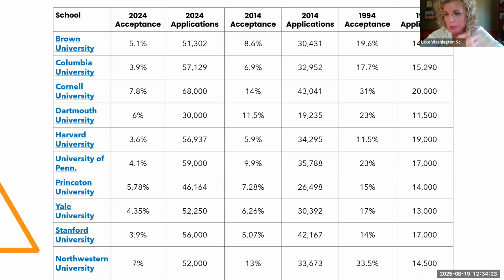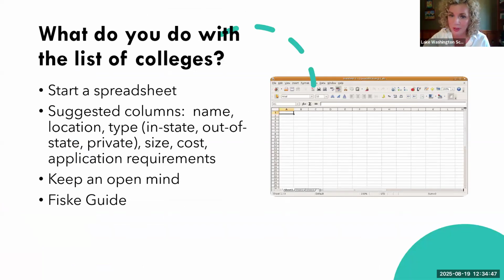Or I was not accepted 31 years ago when I applied to Dartmouth, which had a 23% acceptance rate at the time and only 11,000 applications. But I expect my child to get in when there's a 6% acceptance rate and more than 30,000 applications. So just keep things in perspective. Schools have become a lot more selective and a lot more applications have happened.